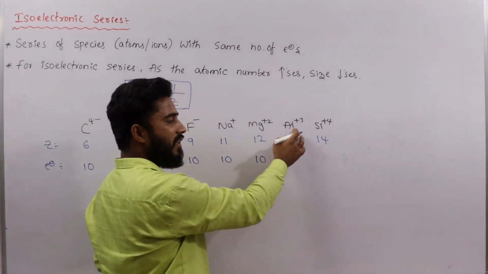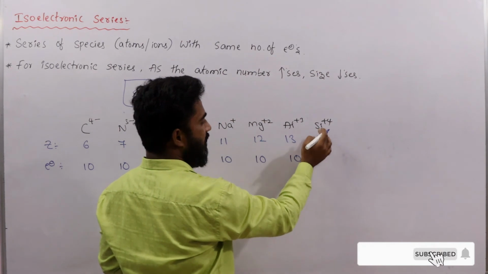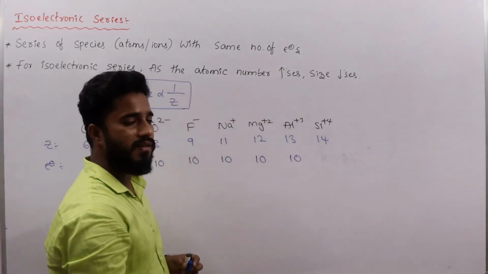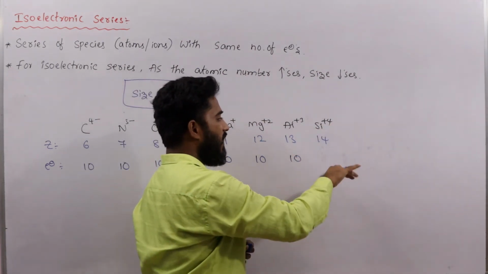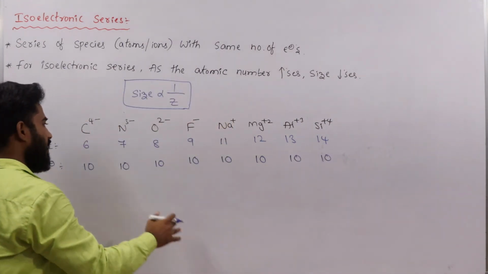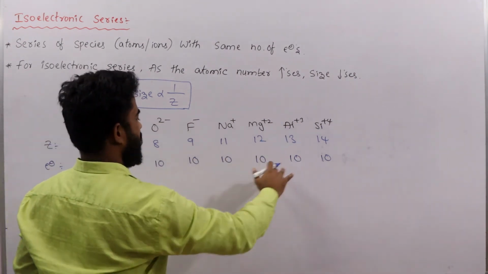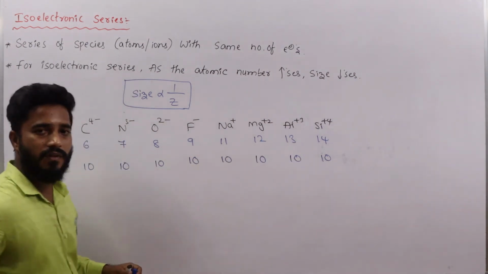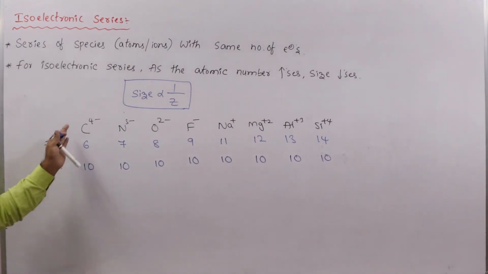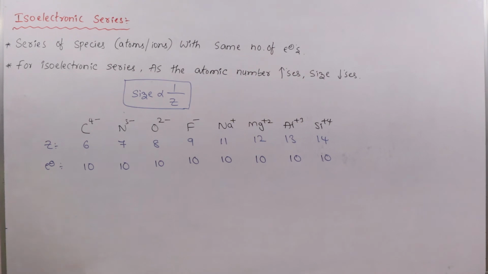Here aluminum with 13 electrons, 3 electrons lost, finally 10 electrons. Silicon with 14 electrons, plus 4 indicating 4 electrons lost, 14 minus 4, 10 electrons. So when you observe here, these have a similar number of electrons, 10, 10, 10, 10. That's why these species come under isoelectronic series.